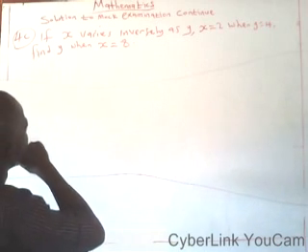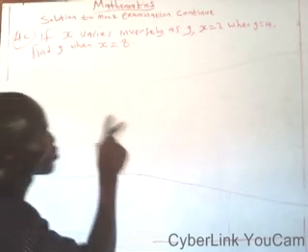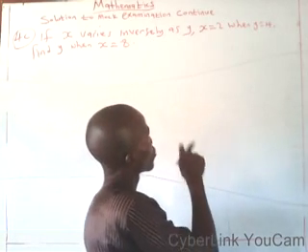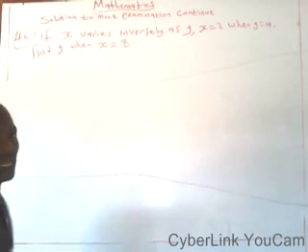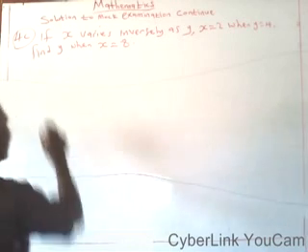Here is the question on the board. If x varies inversely as y, x is equal to 2 when y is equal to 4. Find y when x is equal to 8.